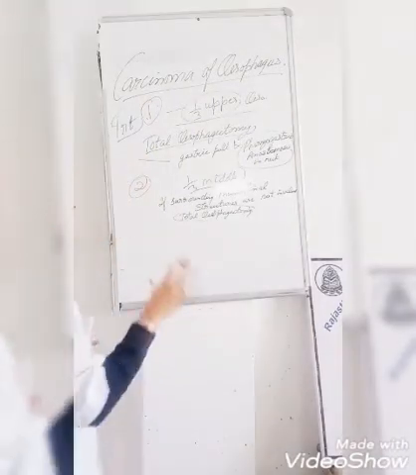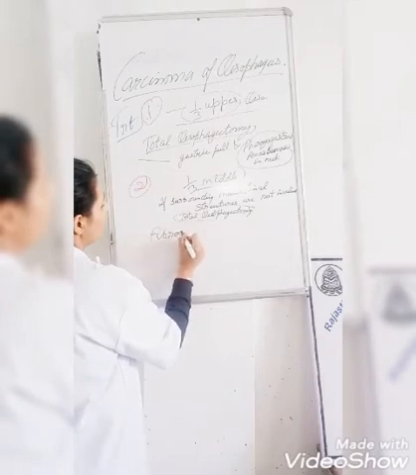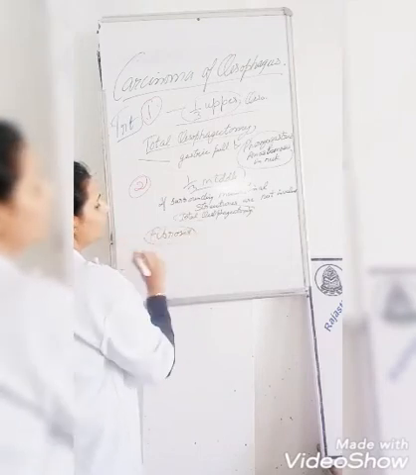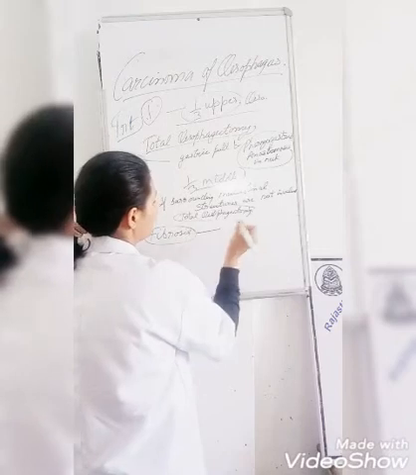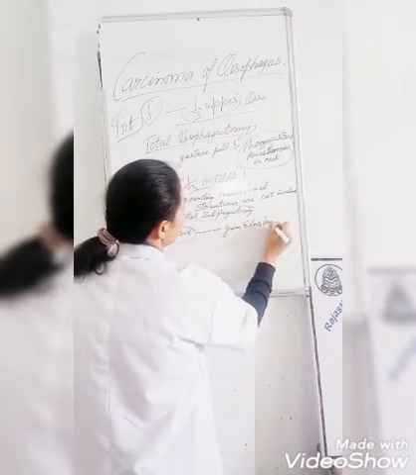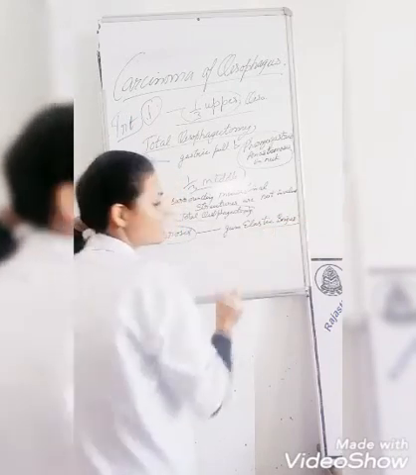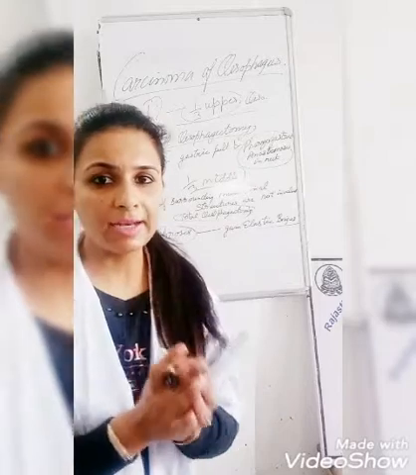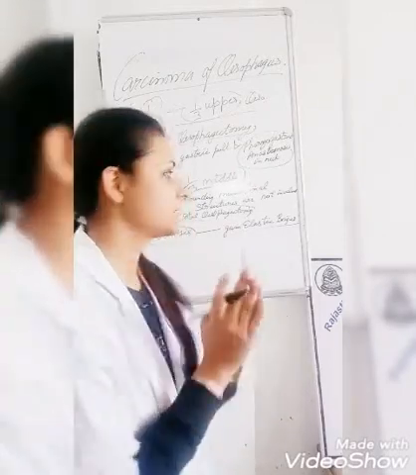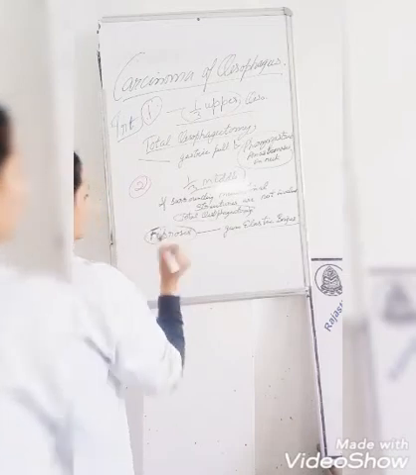If there is fibrosis, that will cause narrowing of the lumen. So we will dilate it by using gum elastic bougies.